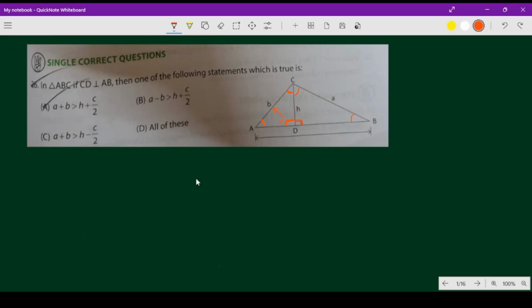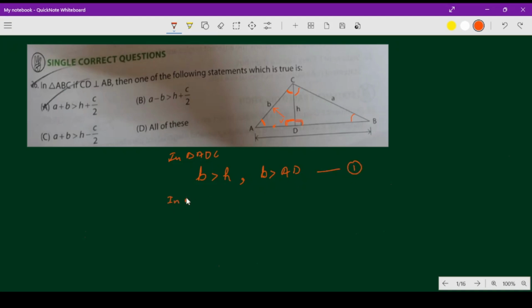So we can say that B is bigger than H in triangle ADC, as well as B is bigger than AD, because this side is opposite of this angle. Mark it as equation 1.